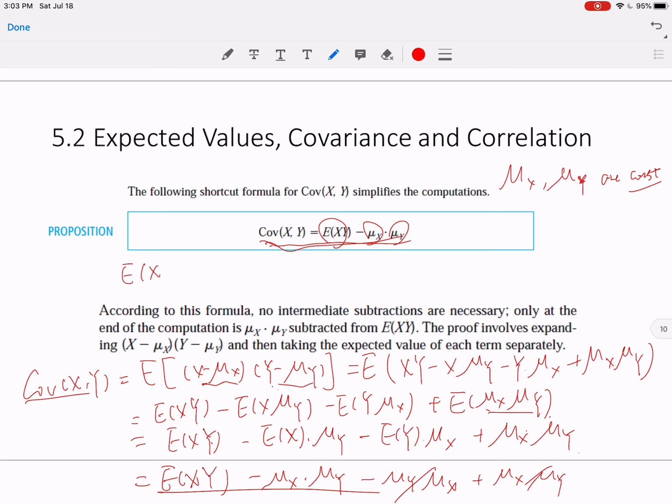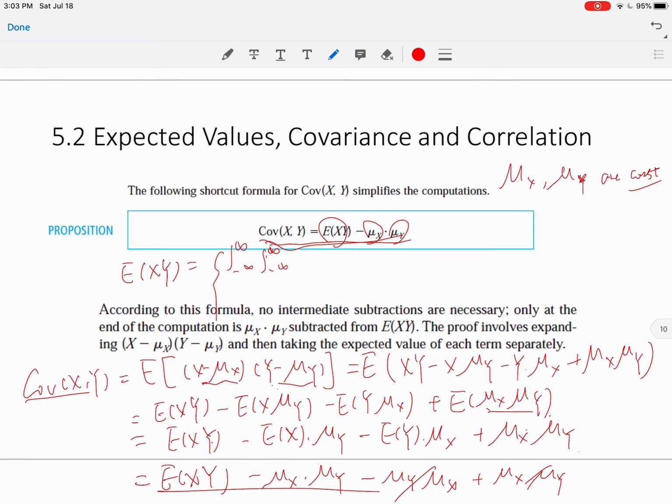So E of XY, of course, if it's continuous, is going to be the double integration of xy times f of x and y, dx dy. And for the discrete, we're going to sum over x, sum over y, x and y times the p of x and y.